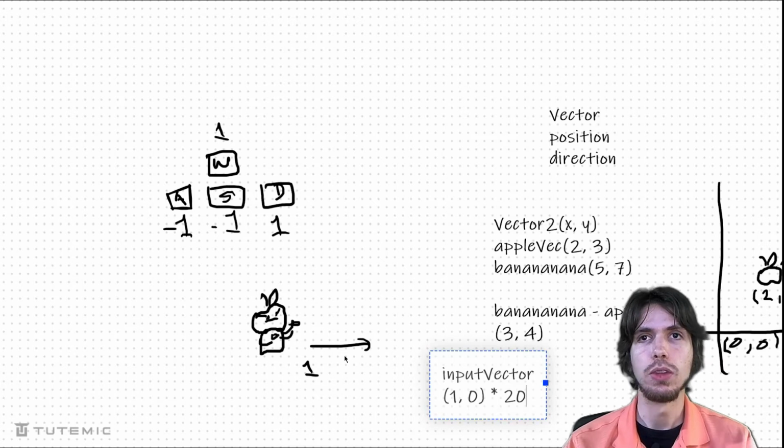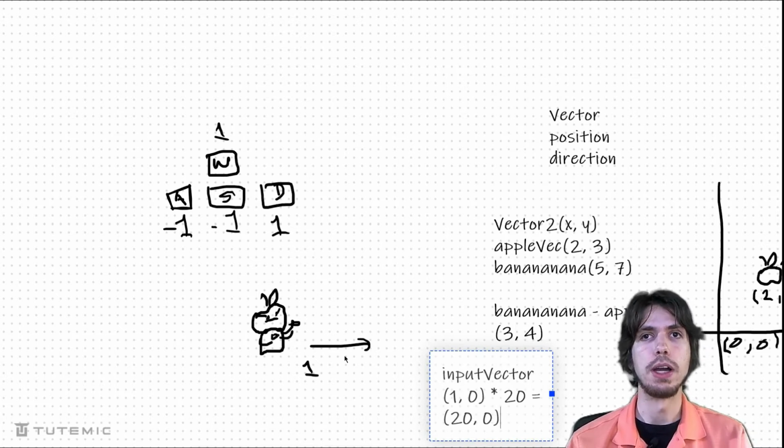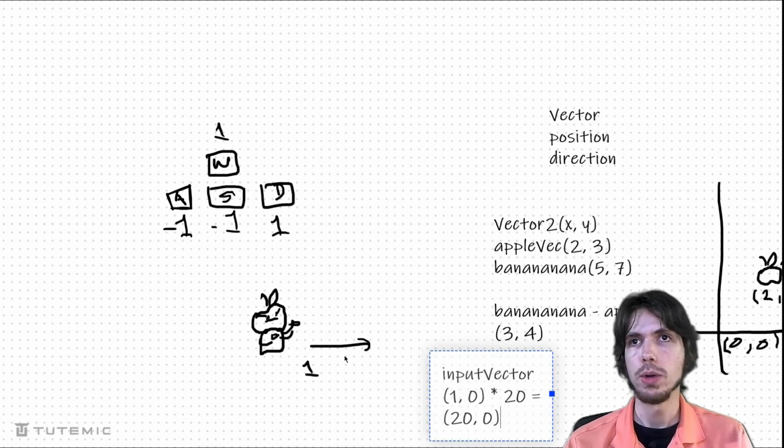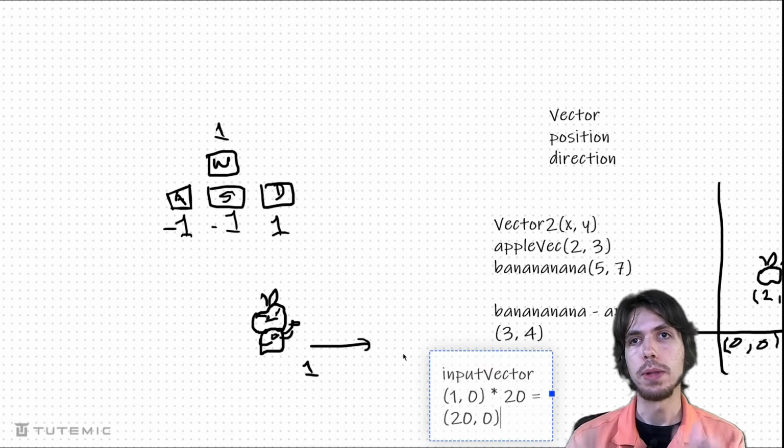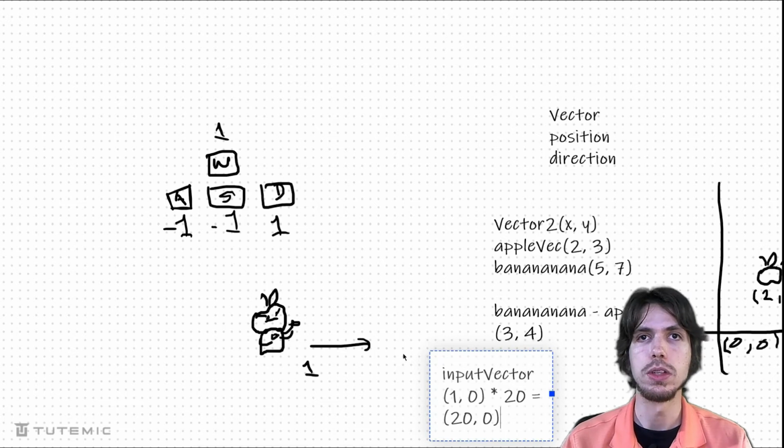And so if we decided 20 was the number we wanted, then if you multiply a vector by a number, you're just simply going to come out with a vector which multiplies the value to both the x and y components, and it works the same way in 3-dimensional space with an x and a y and a z component on the vector. So we have 20, 0, and so awesome. So now when we apply 20, 0, I want you to move 20 pixels on the x-axis and 0 pixels on the y-axis, then it can do that.